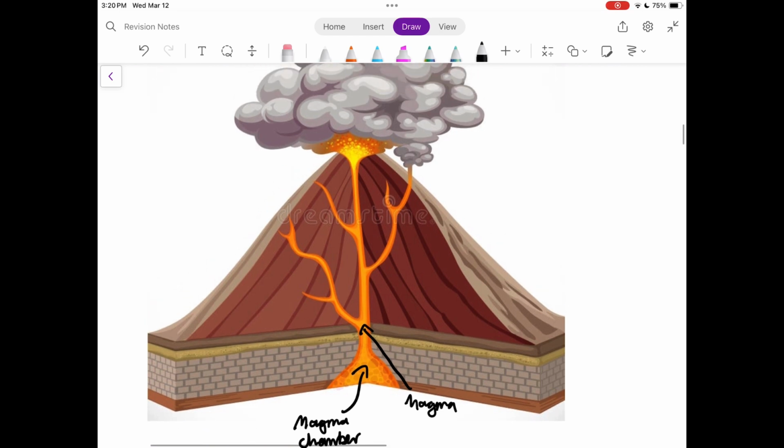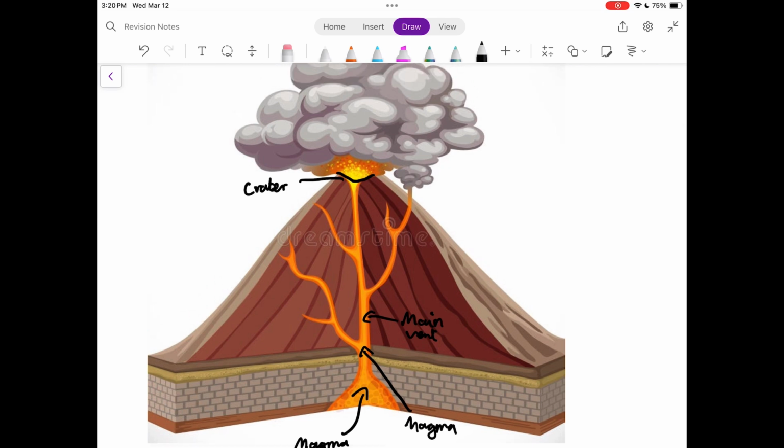And then you have this main vent going up to the crater. So we can label this here main vent. And this little hollow bit here at the top is called the crater. And this is where volcanic bombs and eruptions take place.